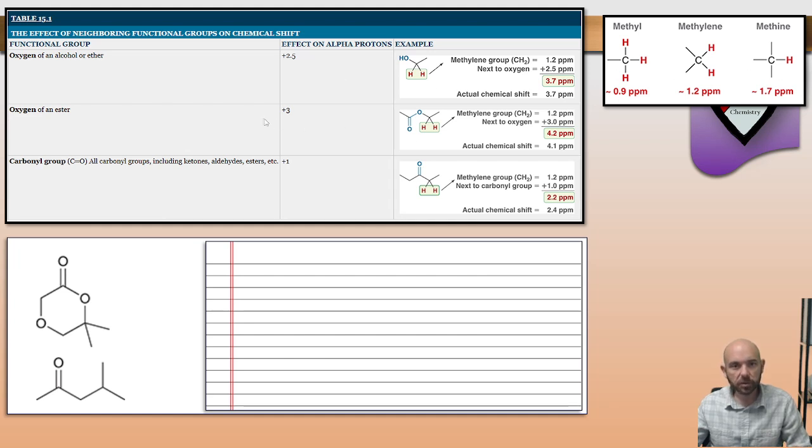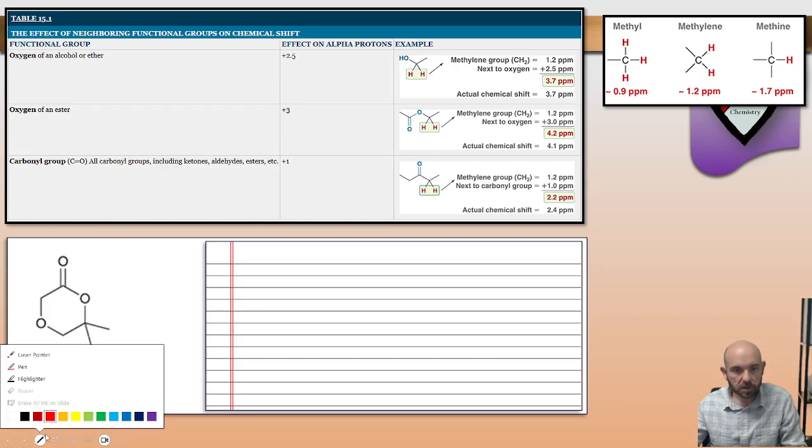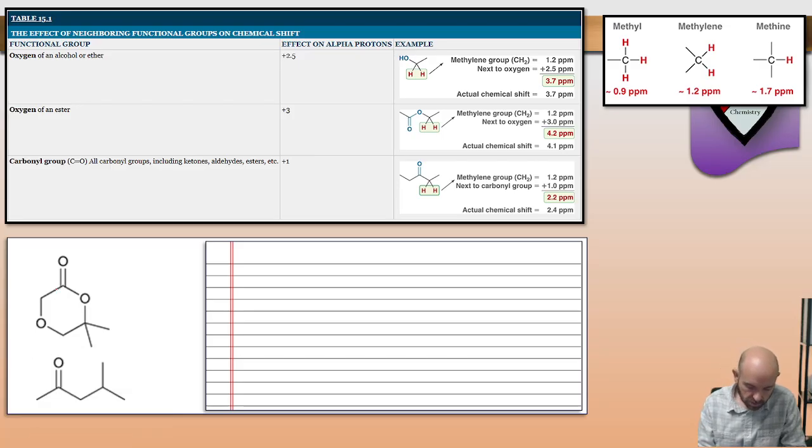if the proton is on an alpha carbon. There is an effect if it's on a beta carbon, and it's about 1/5 of the figures published here. So we'll take those into account if they are the case. So looking at these structures here, what we want to do is take into account the hydrogen structures that are present in this molecule.